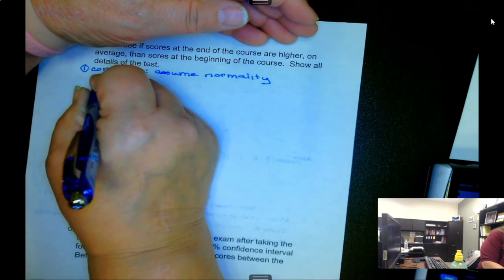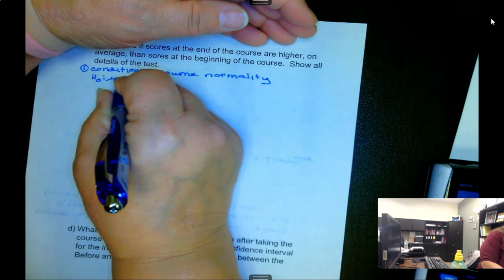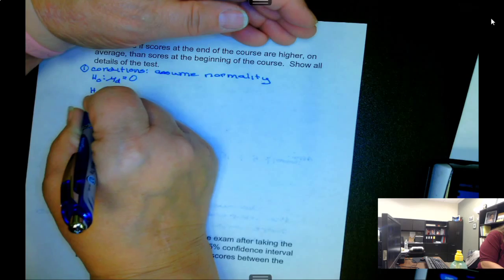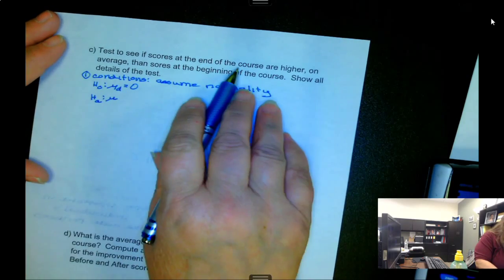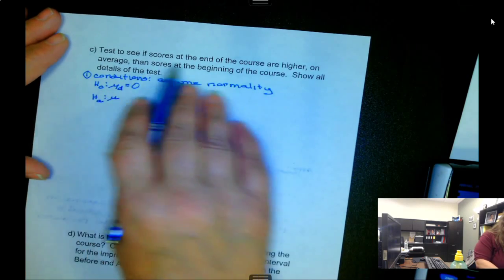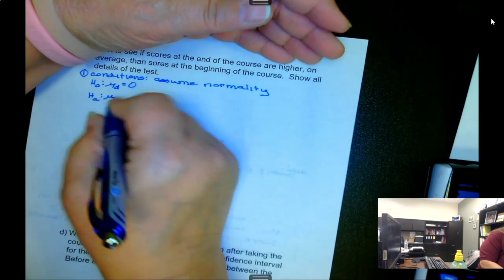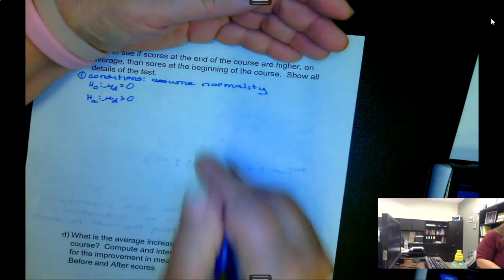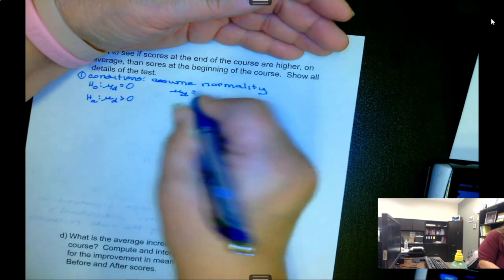Okay, so the null hypothesis is that the mean of the differences is equal to 0. That would mean that there's no difference. The alternative, we want to see if the scores at the end of the course are higher than the scores at the beginning. So we want the differences to be greater than 0, since we did the after minus the before.